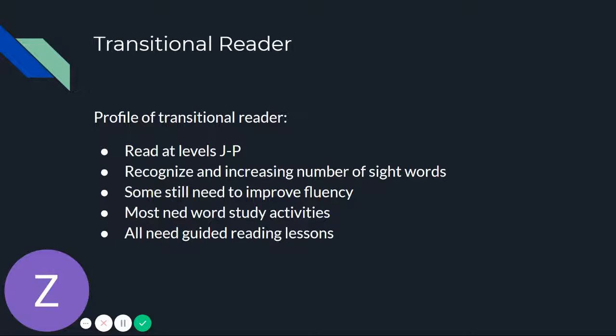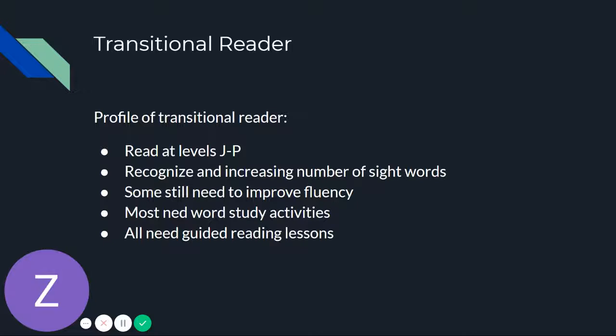Some of these students will still need to improve their fluency, while others read so quickly that they don't comprehend anything that they're reading. Most of these students need word study activities that target complex vowels and inflectional endings, and they all need guided reading lessons that target their needs and teach them strategies for comprehending longer texts.